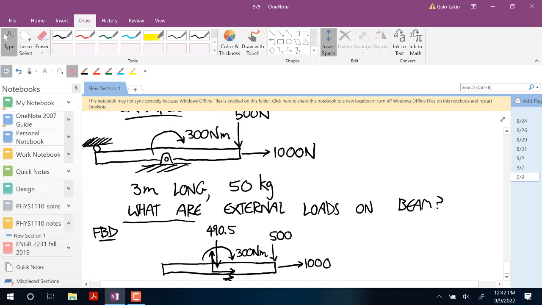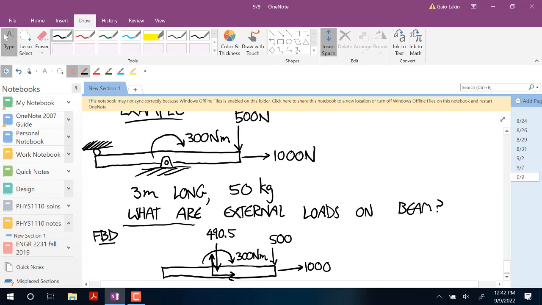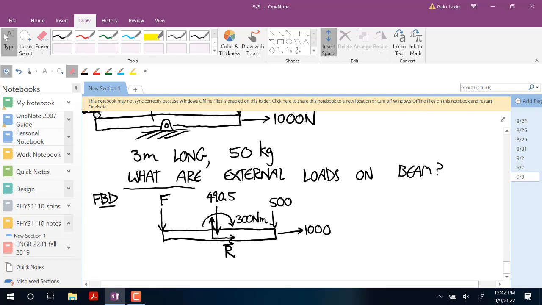And then the last force is from the roller. It's toward the chosen body, perpendicular to the surface of contact, so it's straight down, and I'll call that F. So the variables we're trying to solve for are F, Rx, and Ry. That's three variables, and we should be able to solve it.